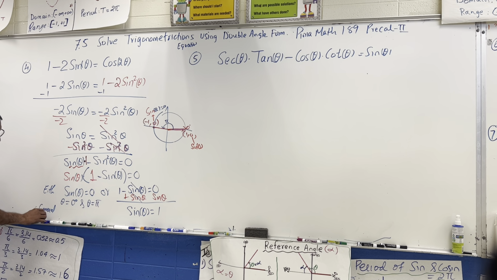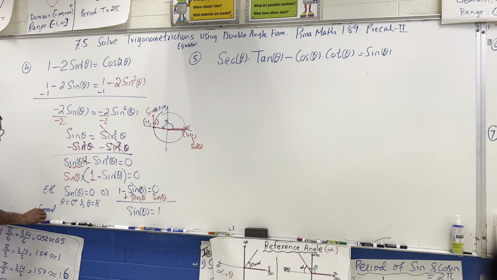But if you see over here, sine theta is 1. Now sine of what angle is 1? So let me draw the circle like this. So here this is 0, 1, and this is 0, minus 1.